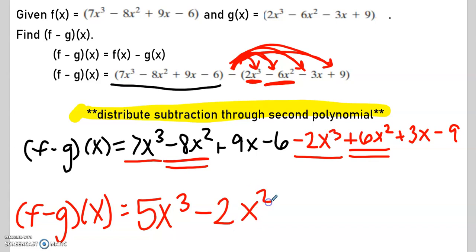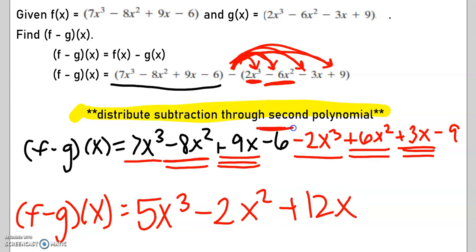Remember, the variable stays the same. It's just the coefficients that are changing, that are doing the operation. I have a positive 9x and a 3x plus 3x gives me a positive 12x. Remember, whatever sign is in front of the number, negative 6, comes with that number, minus 9. Negative 6 minus 9 gives me negative 15.